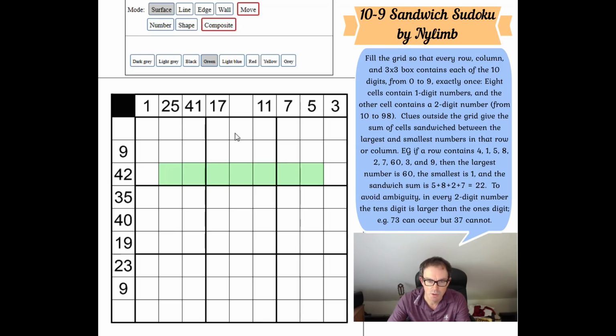Now, if we know that every row and column of a Sudoku, well, let me put that a different way in the context of this puzzle. If we know that the digits 1 to 9 sum up to 45, and I have to remove 2 digits, because I can remove the 0, but I have to remove 2 digits from the numbers 1 to 9 as well, then there's no way I can remove more than 2 and create the number 41 in the sandwich.